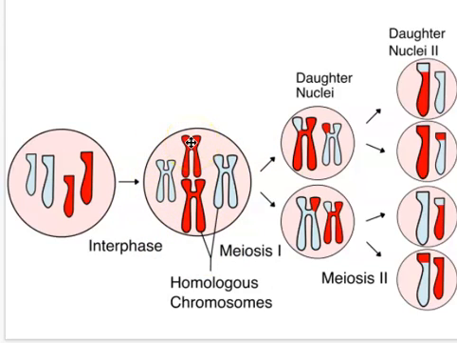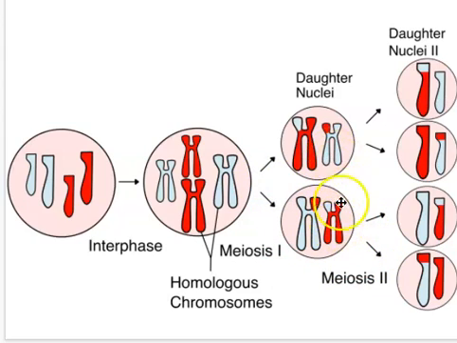Now, what happens at the end of meiosis 1 is that those homologous chromosomes are separated. They're the ones that are separated. So in one of the daughter cells at the end of meiosis 1, you're going to get one of the chromosomes, maybe dad's. And in the other product of meiosis 1, you're going to get the other chromosome.